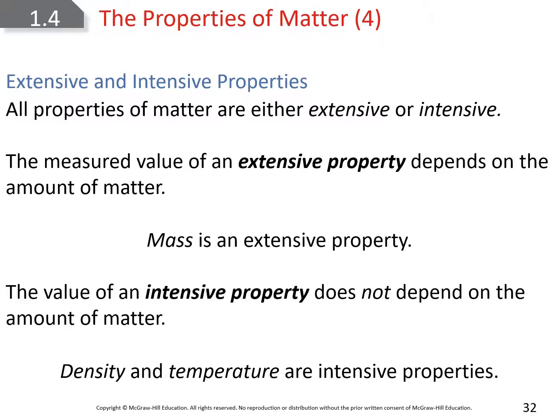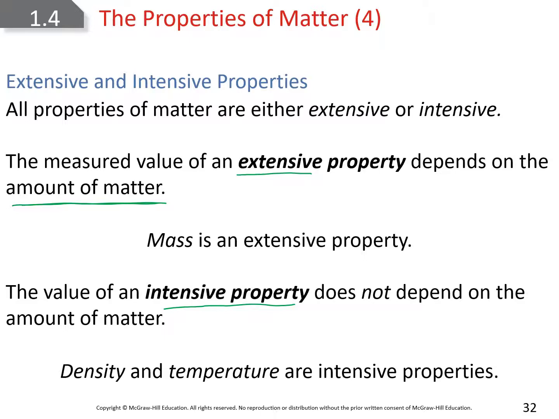Some properties are extensive and some are intensive. And what that means is, does it depend on the amount that is present or does it not? So anything that is extensive does depend on the amount of something that is present. Intensive properties do not depend on the amount of matter.